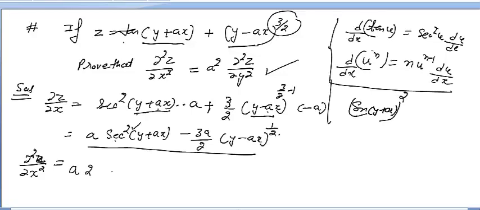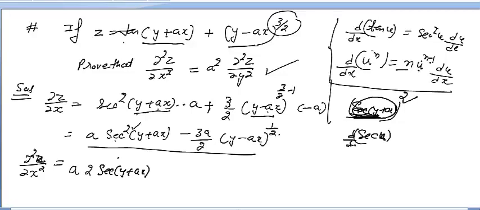So I will consider this u. So u raised to power n, here u raised to power n minus 1, 2 here, secant y plus ax, 2 minus 1 is 1. And the derivative of secant u is secant u tan u and derivative of u again.